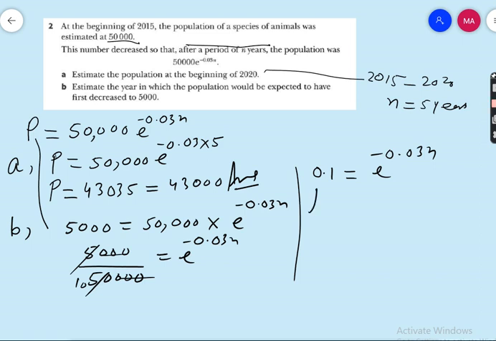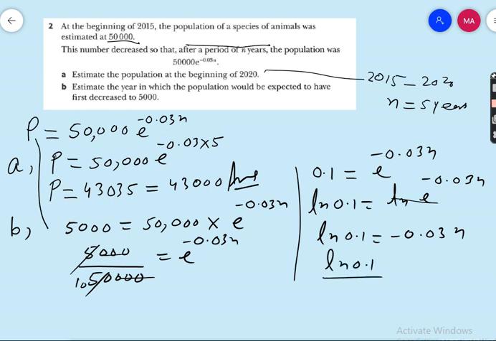So after taking ln on both sides, ln 0.1 is equal to ln e power minus 0.03n. ln and e cancel, so ln 0.1 is equal to minus 0.03n, and ln 0.1 divided by minus 0.03 is equal to n.